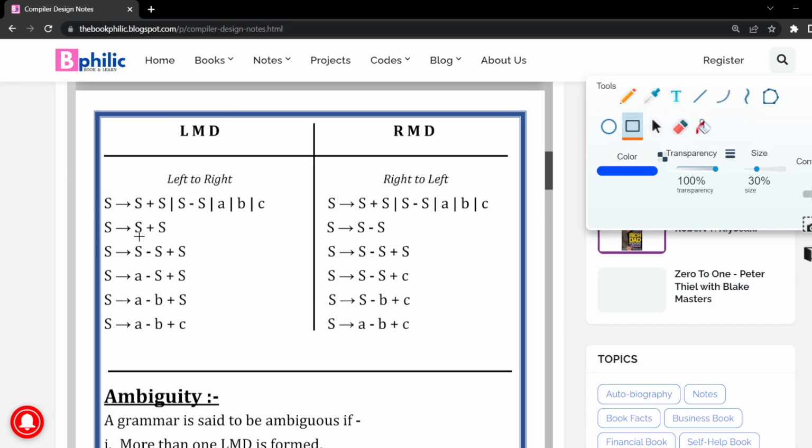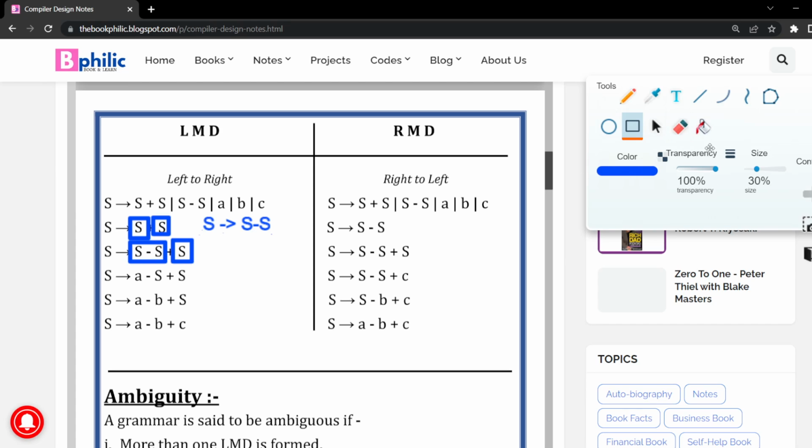So we derive this first capital S, and we can write, instead of this capital S, capital S minus S. As you can see here, instead of this capital S, we have put capital S minus capital S, and this plus S is written as it is. So from left to right, we are deriving the capital S, or you can say the non-terminals. That's why this is known as LMD.